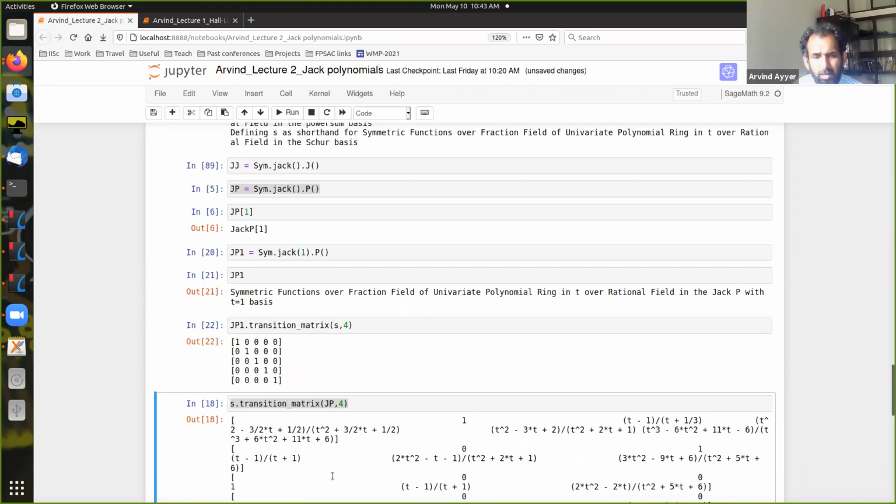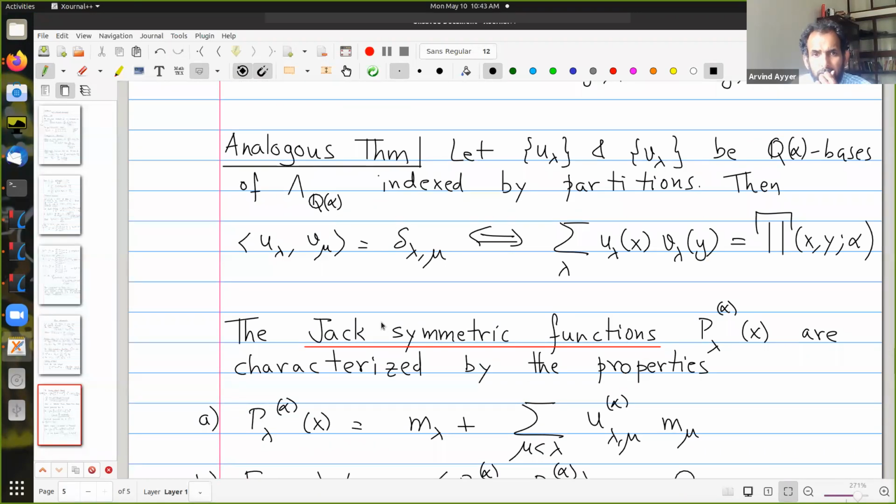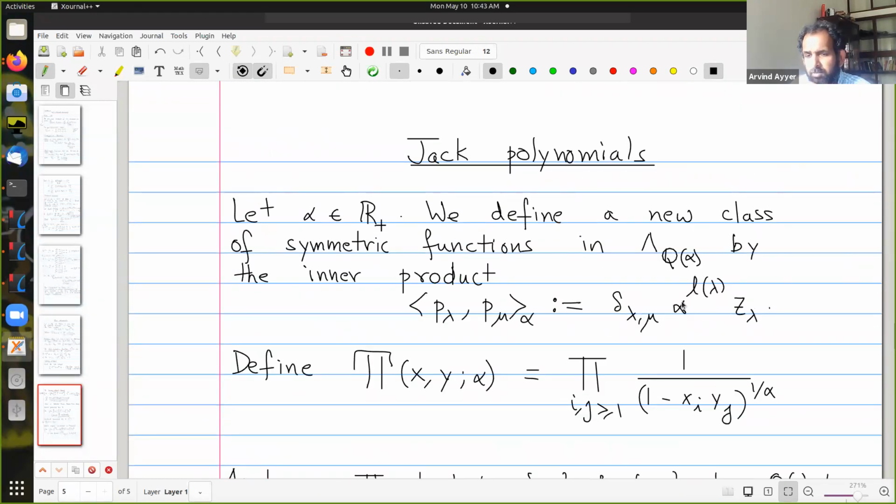I don't see why you expect that, in fact. I don't know. They'll become equal to Schurs, right? I mean, if you set alpha equal to 1, this will become, yeah.